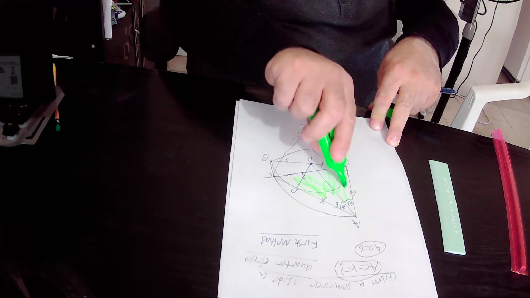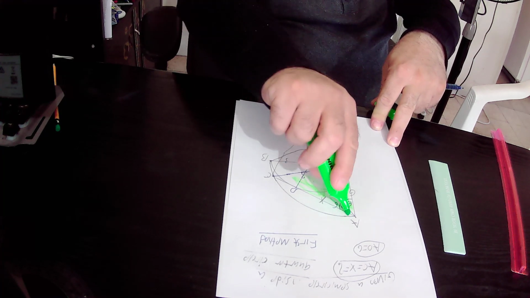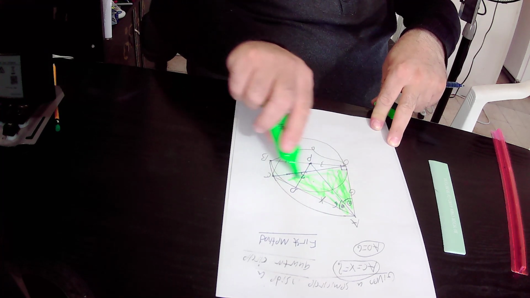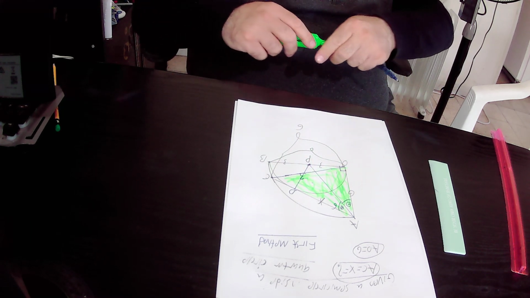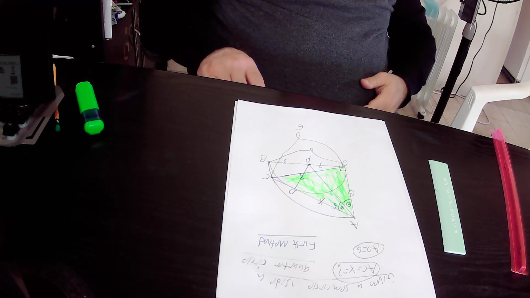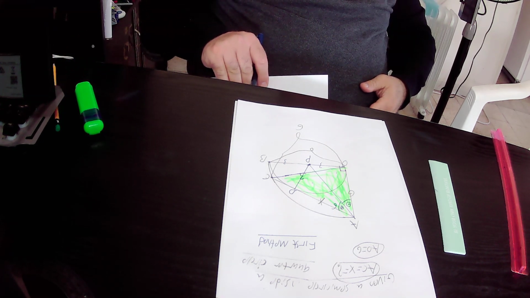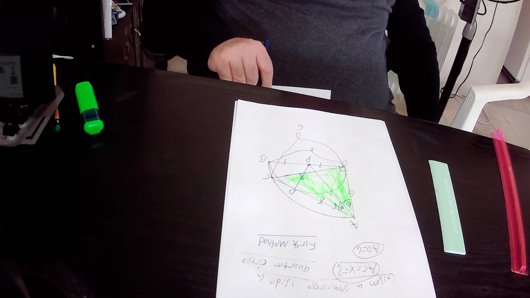First of all, I will repeat the law of cosines, and then we will implement the law of cosines in this green triangle, triangle AOC. Okay. So what is the law of cosines? I mentioned it in the previous lecture, so I will repeat it shortly.